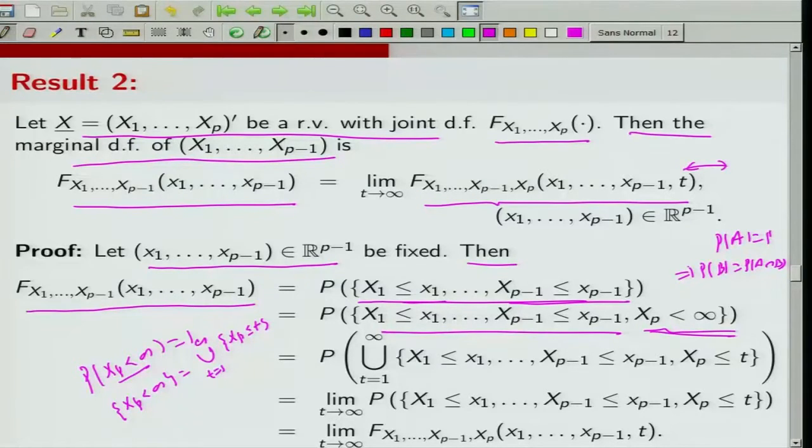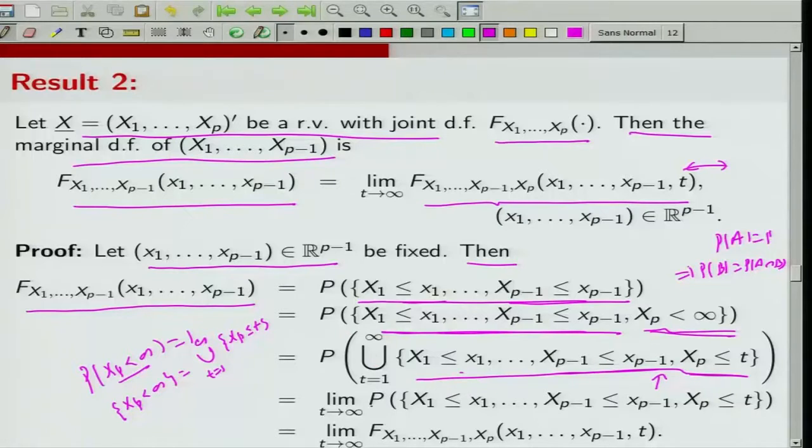So, then it becomes this union, since these all were intersections. So, this becomes the union over t equal to 1 to infinity of X1 less than or equal to x1, ..., Xp-1 less than or equal to xp-1 and Xp less than or equal to t. Now, note that with regard to t, this is an increasing sequence, and here it is a union. So, it is the probability of the limit of these sets, and the probability function is continuous.